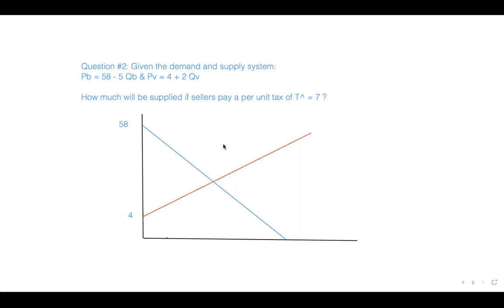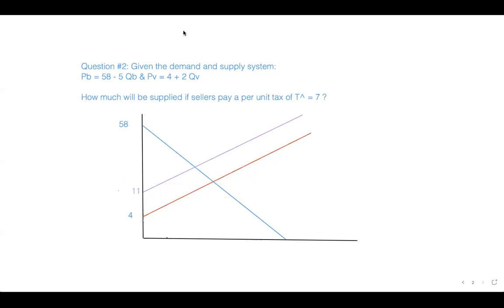It will be a shift in the supply curve to the left, because there will be fewer people wanting to supply it. And do you know what the value of this intercept would be? It would be 11. Yes, we're just going to shift the supply curve up by the amount of the tax. So it's 4 plus 7, which is 11.